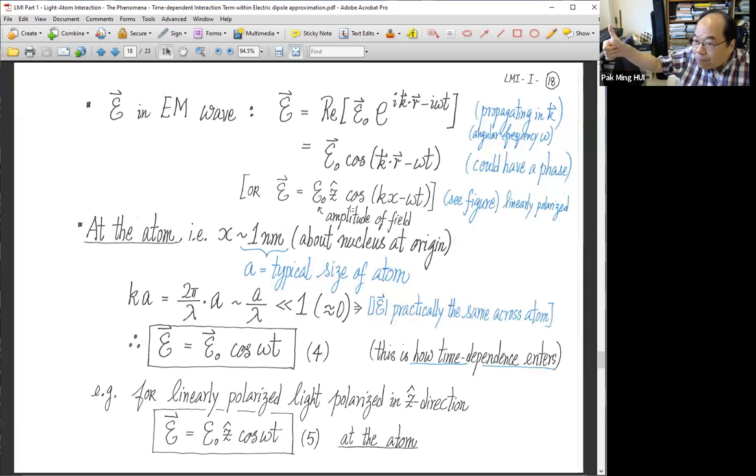It always points along Z, but it will be longer, shorter, zero, negative Z, very long negative Z, and so on. But it is always along this Z. All right. So that is called linearly polarized light. This is arbitrary. We just set it to be Z, so the propagation direction is somewhere else, it's not in Z.